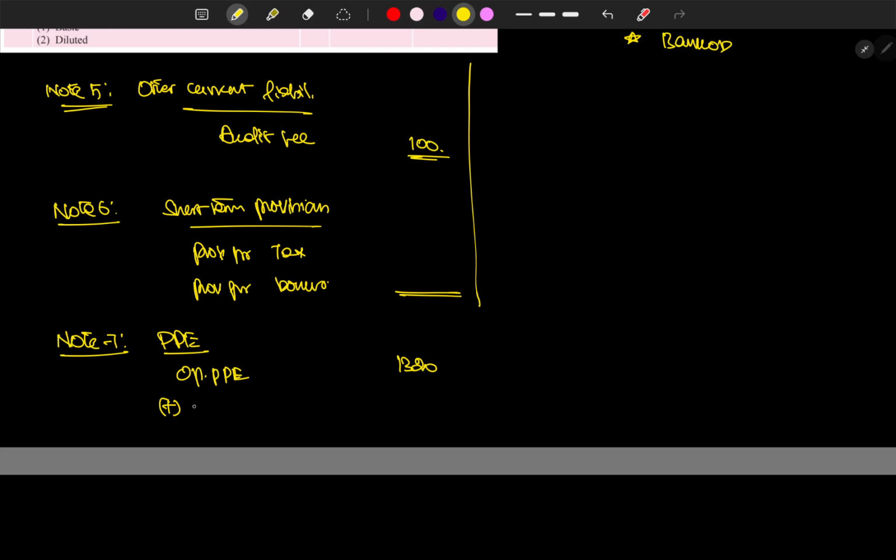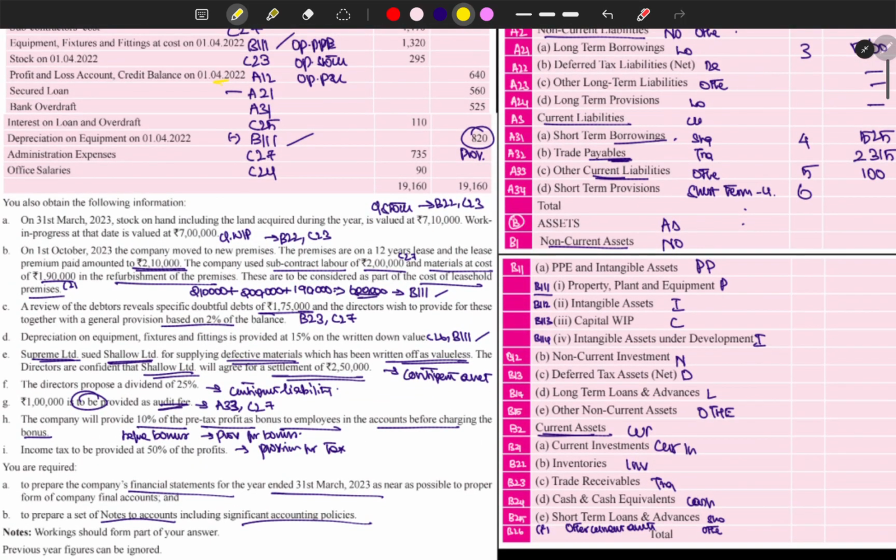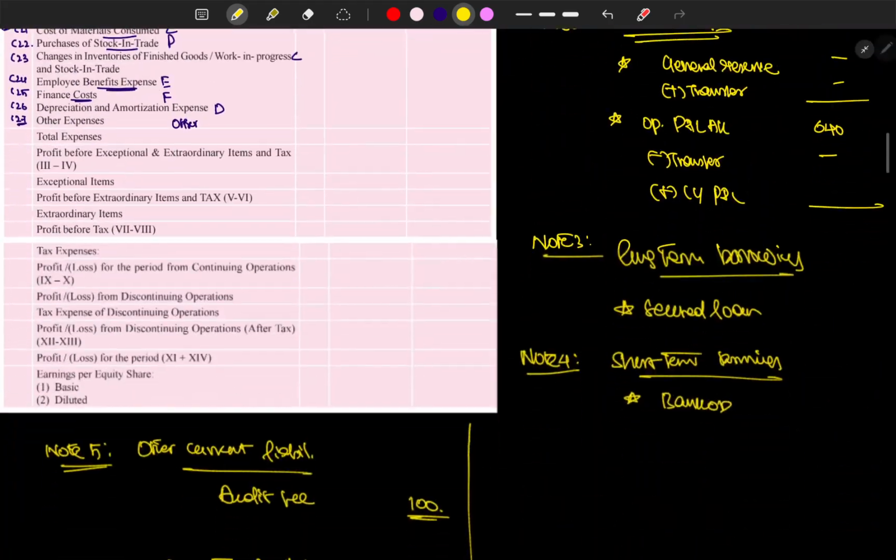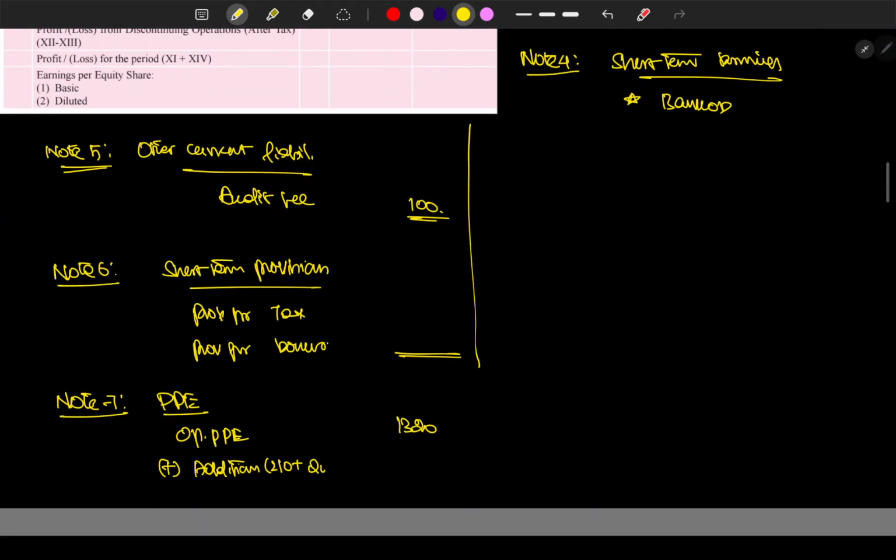Add additions, which is 2,10,000 plus 2 lakh plus 1,90,000. 200 plus 190 plus 210, which is 600. So 1,320 plus 600.